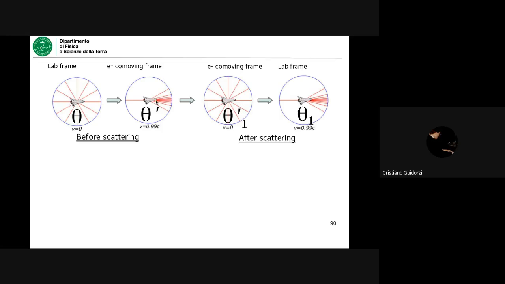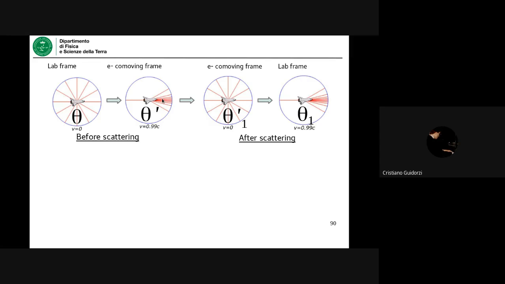So the result after the scattering of all this bunch of photons will be more or less something like this. This is a distribution of angles theta 1 prime, the angle of the photon after scattering, still within the comoving frame. More or less they will be scattered to all directions with the same energy of the photons within the comoving frame.